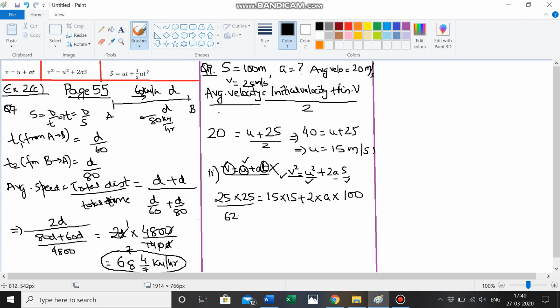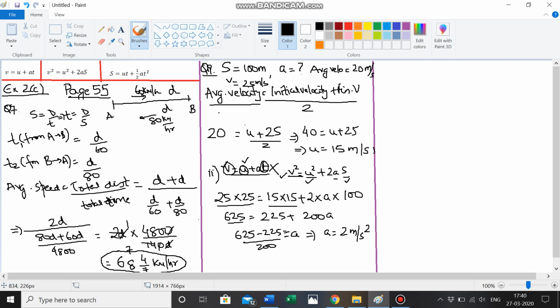This is equal to 625. This is equal to 225 plus 200a. 625 minus 225 upon 200 will be equal to a, which means a is equal to 400 upon 200, which is 2 meter per second squared. So that's my final answer.